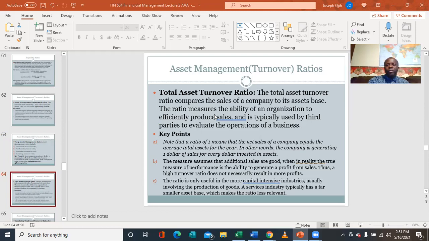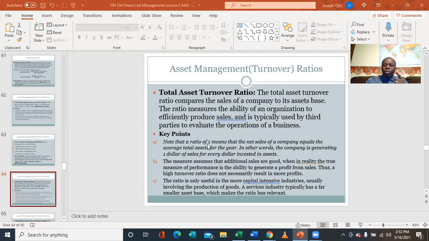Now, the total asset turnover ratio. Usually we use this ratio to check the ability of the company to efficiently produce sales by using their asset base. It compares the company's sales versus the asset base to see if the company is actually generating sales using the assets.